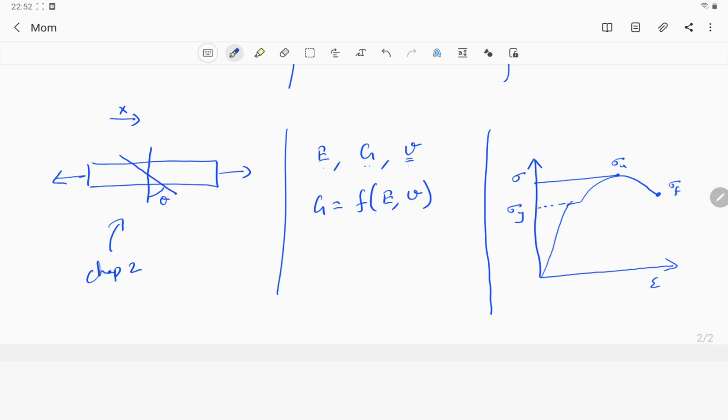Whether the material is brittle or ductile depends on the strain when sigma is equal to sigma f. If the strain is very large, then the material is ductile. If it's very small, then it's brittle.